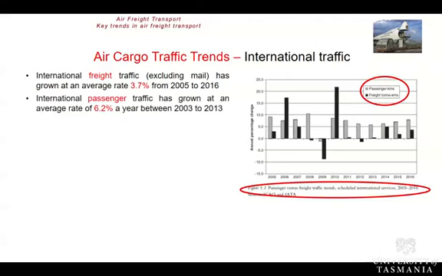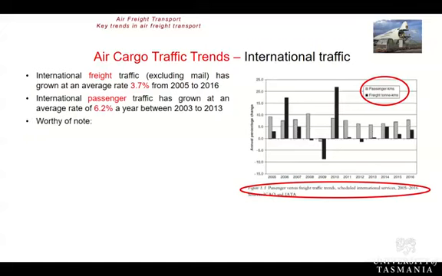What that tells us, what that translates into, is a percentage growth of air cargo over that period of around about 3.7%. Now, if you compare that to passenger, that comes in at around about 6.2% over the same period.